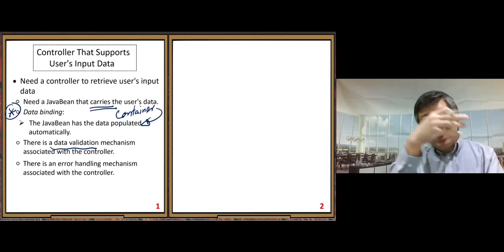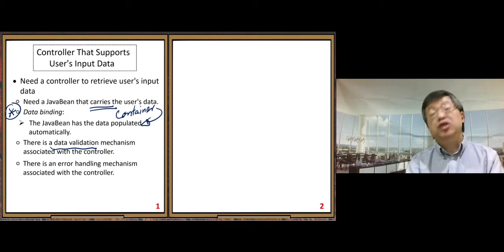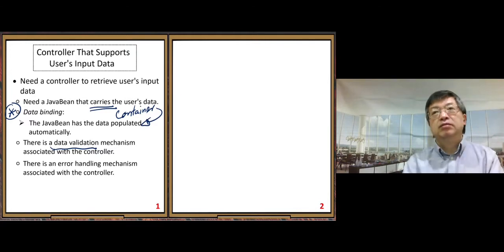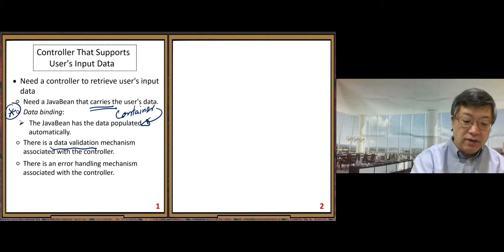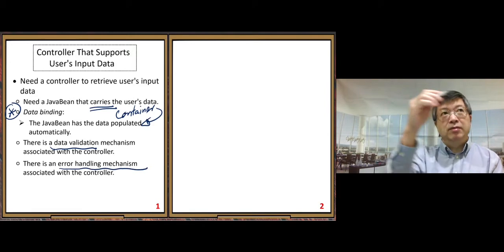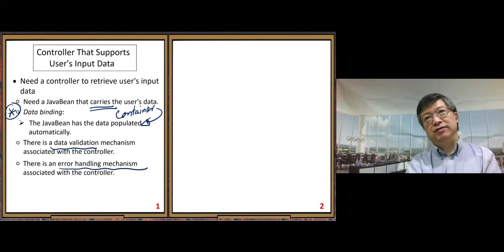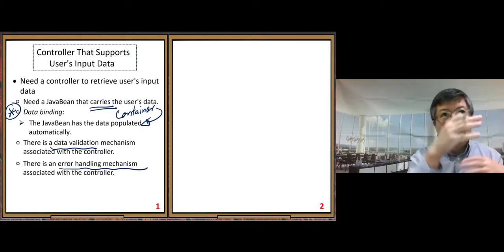When you associate with the validation feature, you need to consider when there is a validation error, how do you process the error? So there is an error handling mechanism associated with the validation feature: error display, error formulation, that kind of details.